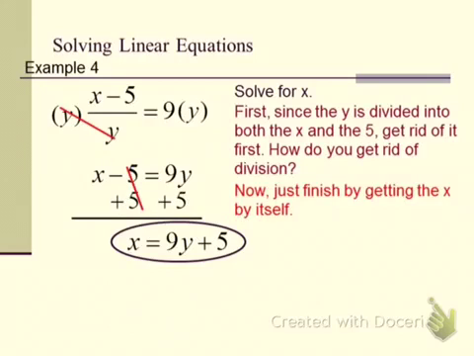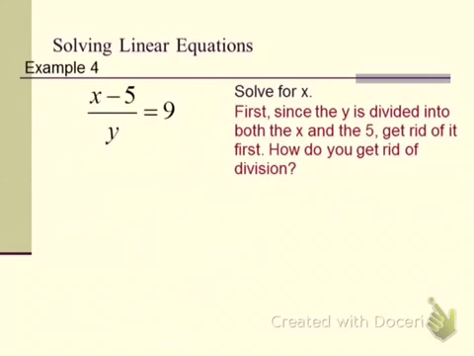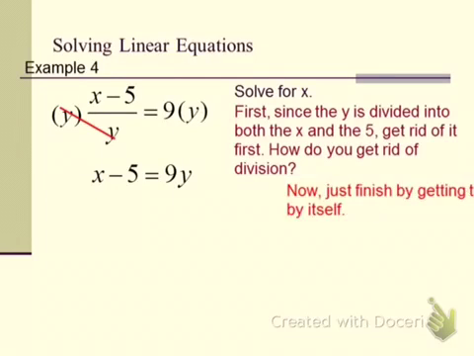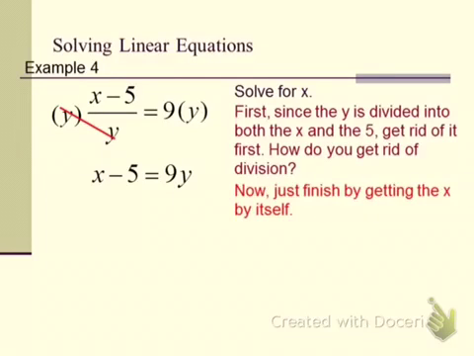Now, if we wanted to solve this for y instead of x, we would still need to cross multiply or multiply both sides by y. And at this point, to solve for y, we would divide by 9 instead of adding 5 to get the x by itself. All right, so you've got options. And that's one of the things that you're going to be approached with in chemistry and physics.